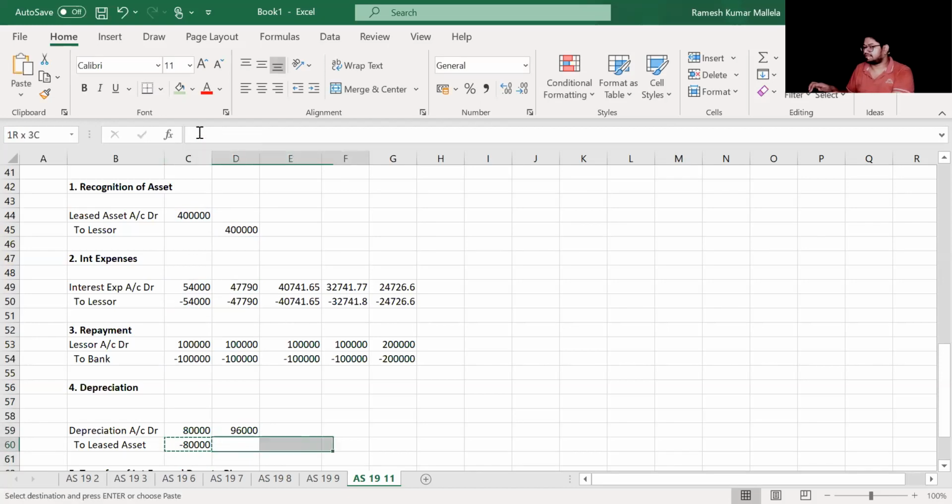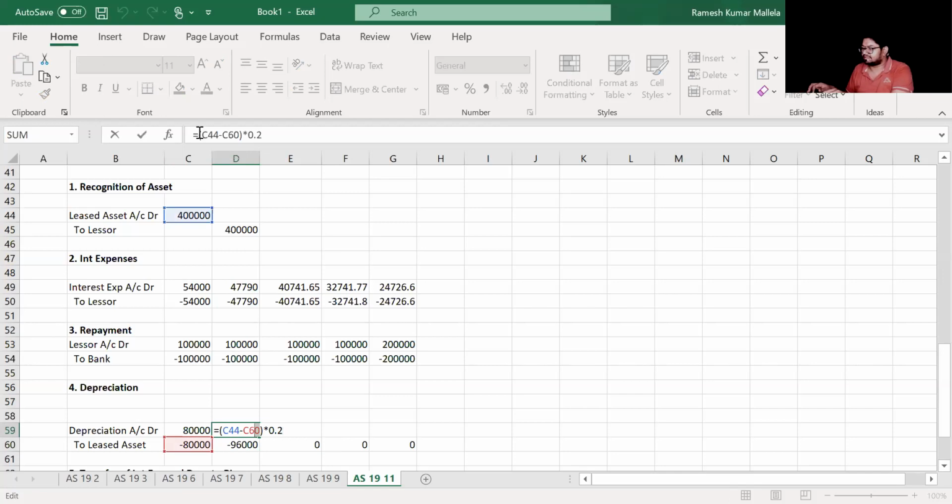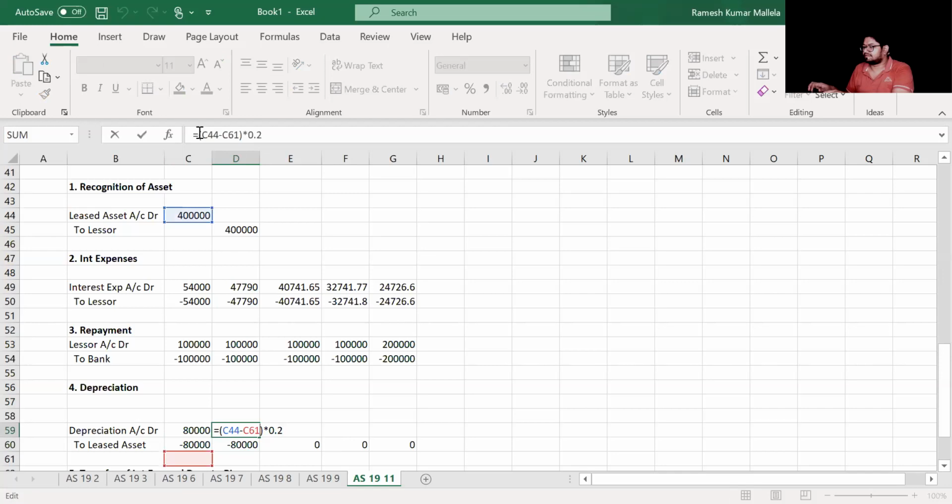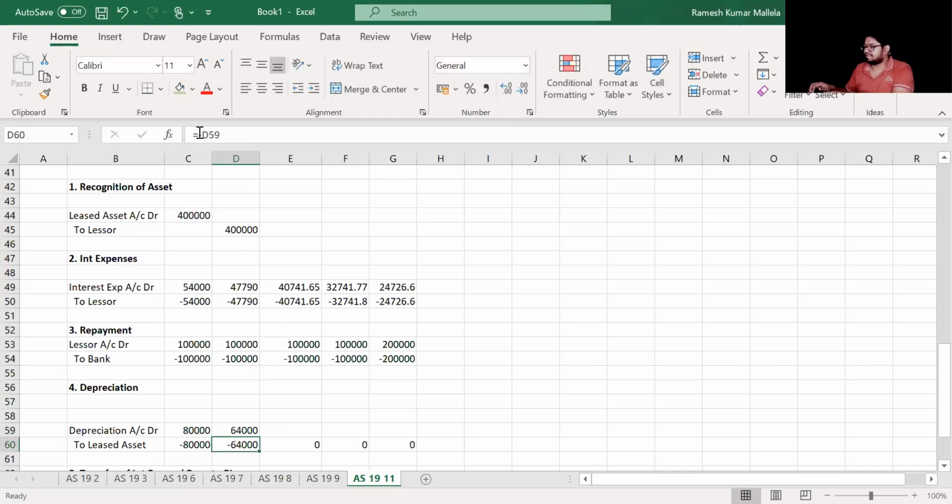Clear? Minus 80,000 into 0.2, that is 64,000.